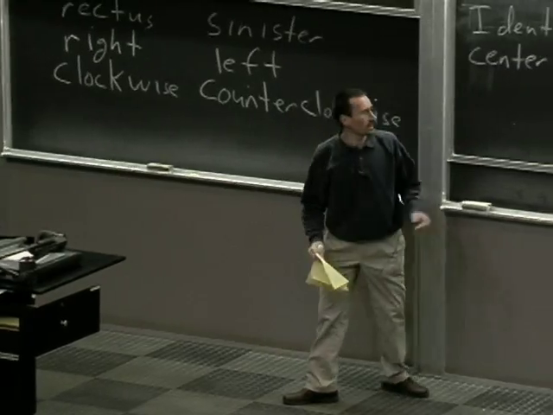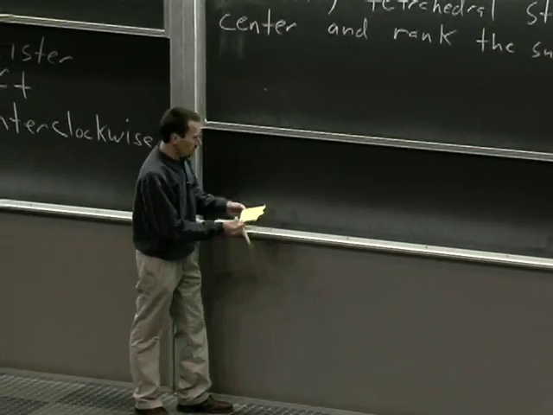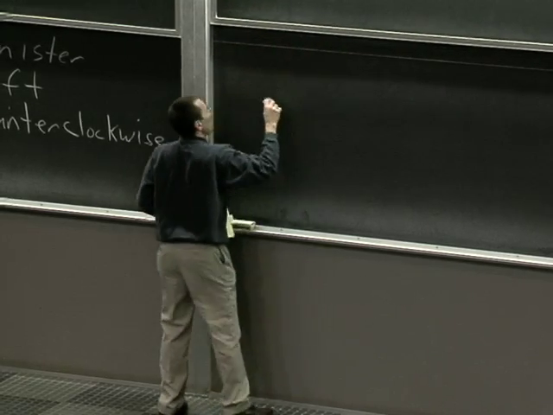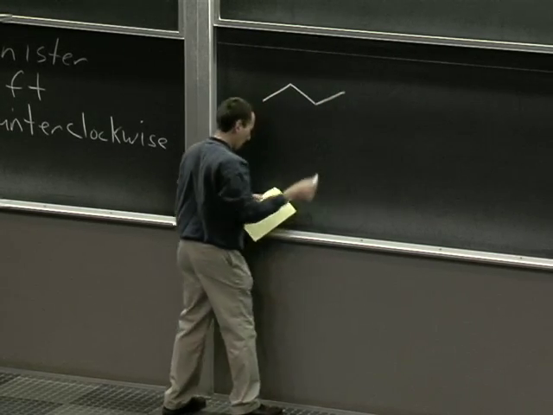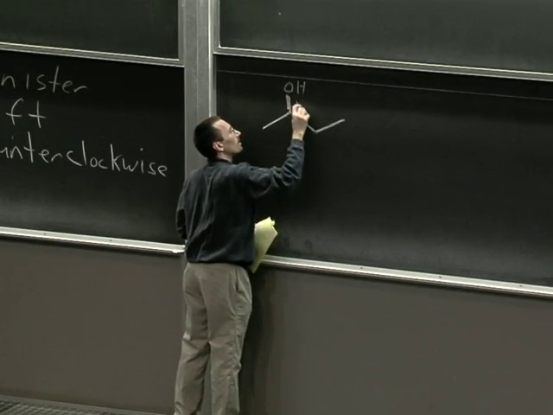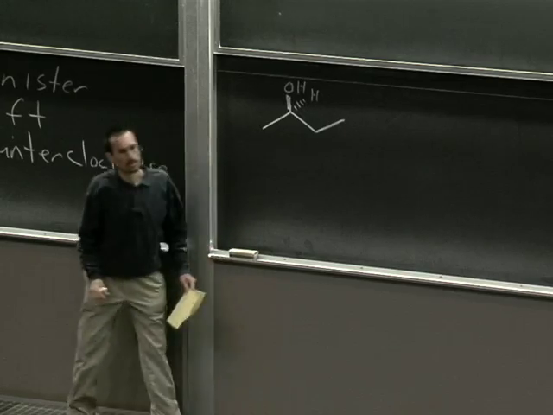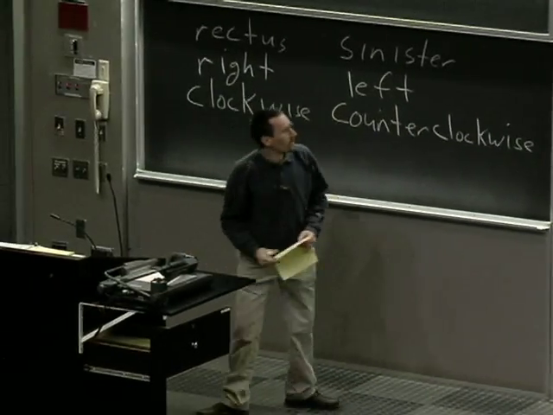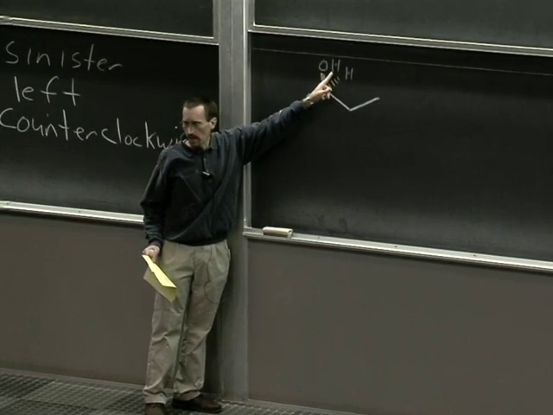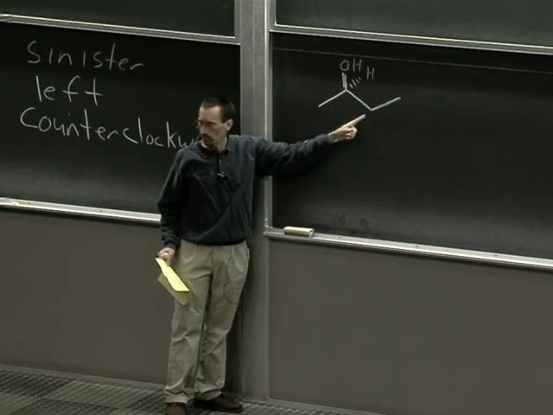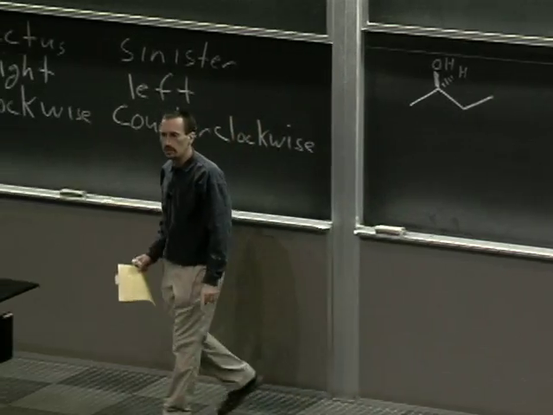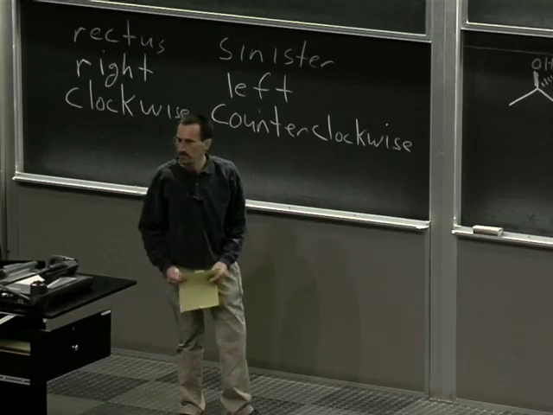All right, let's take an example, and we're going to take the 2-butanol that we used before as an example, so I'll write that again. So, pretty obviously, the carbon with the hydrogen, the hydroxy group, the methyl group, and the ethyl group is the carbon, the only carbon in 2-butanol that has 4 different substituents on it.